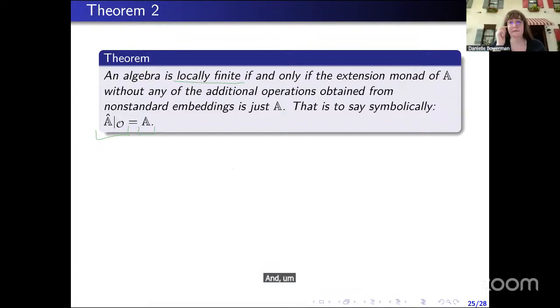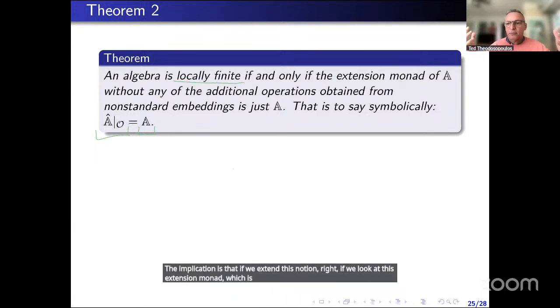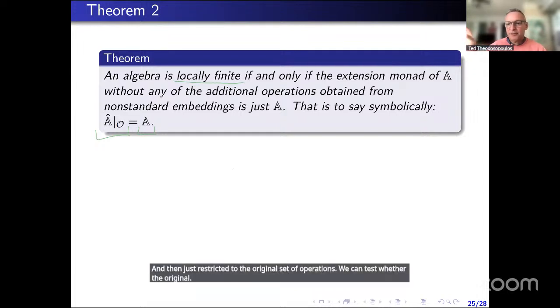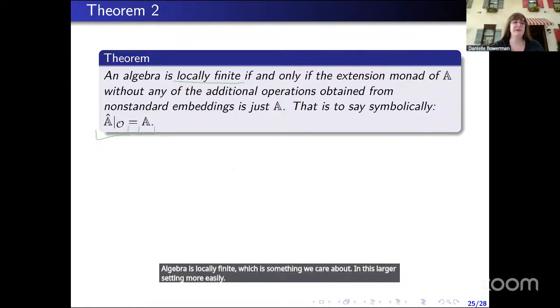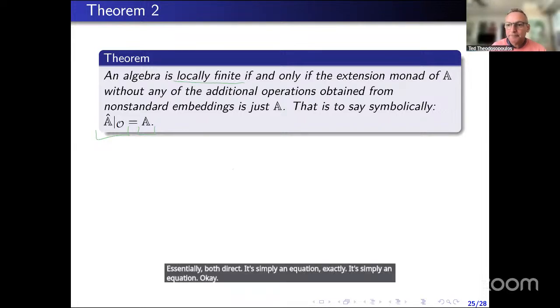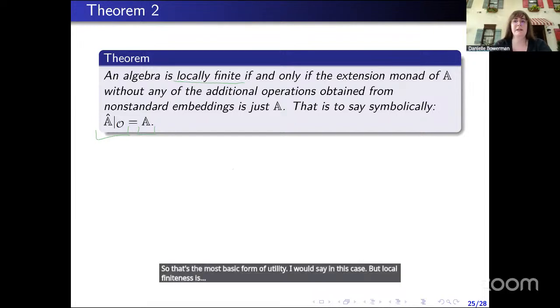And in some sense, the implication is that if we look at this extension monad, which is a much bigger object, and then just restrict it to the original set of operations, we can test whether the original algebra is locally finite, which is something we care about, in this larger setting more easily, essentially. Because it's simply an equation. It's simply an equation, exactly. Okay. So that's the most basic form of utility, I would say in this case. But local finiteness is of interest to many people.